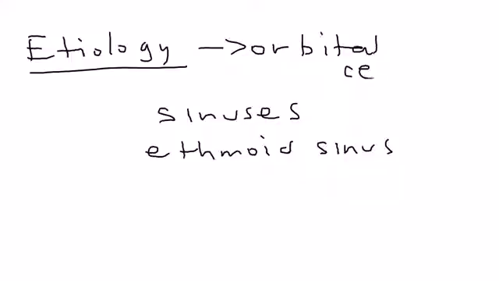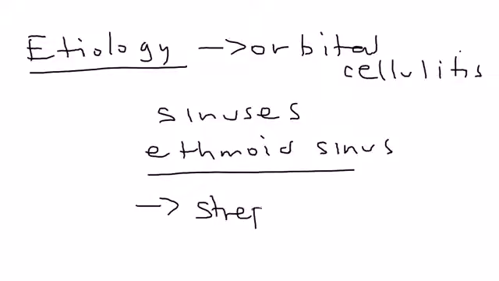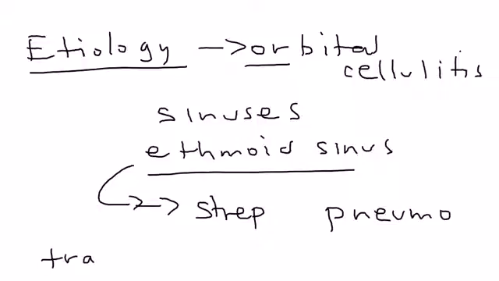Basically, a pathogen will travel from this ethmoid sinus to the orbital area. The most common pathogen is strep pneumo, Streptococcus pneumoniae.